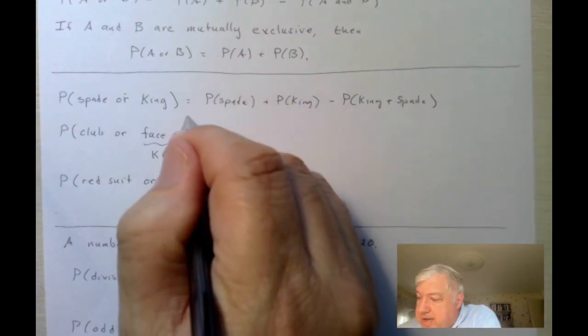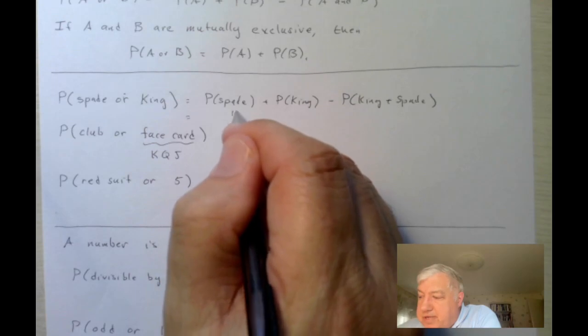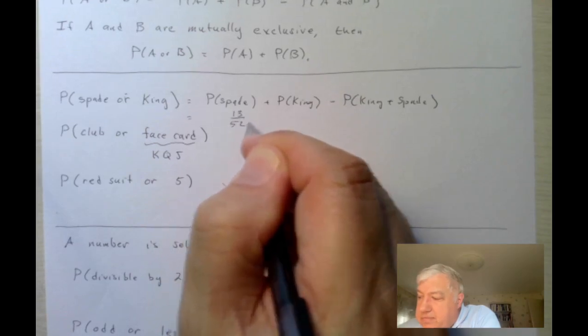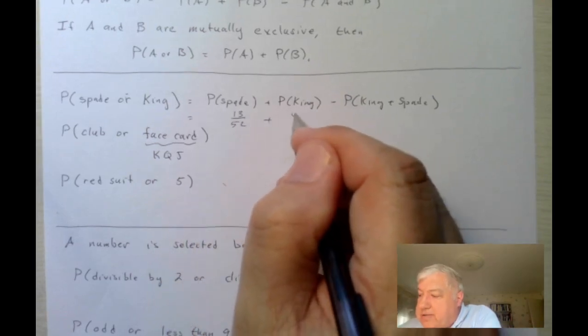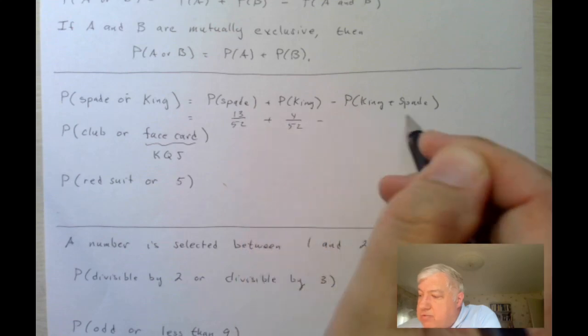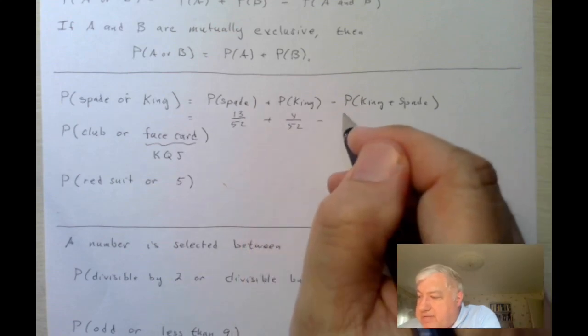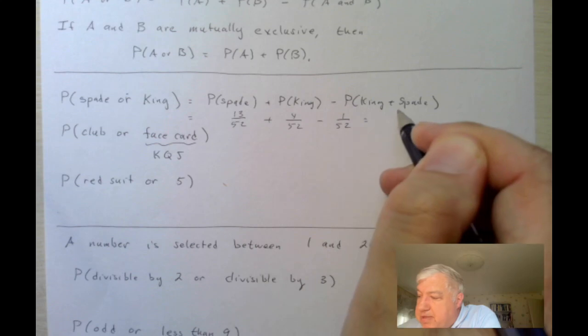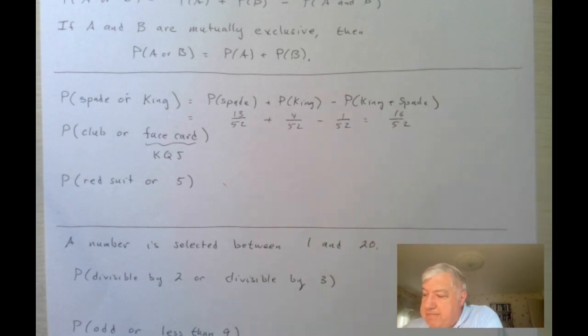Okay, so once again, there are 13 spades, there are 4 kings, and there's 1 king of spades, right? So this would be 16 over 52 again.